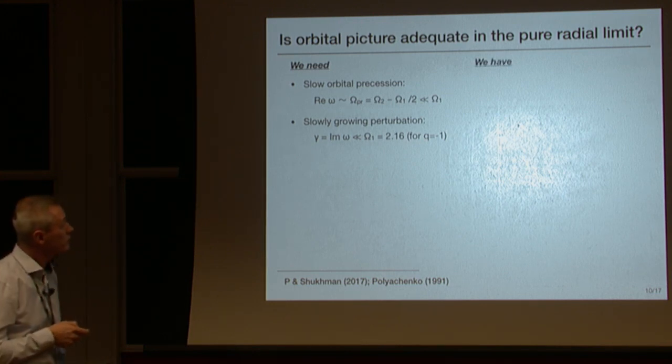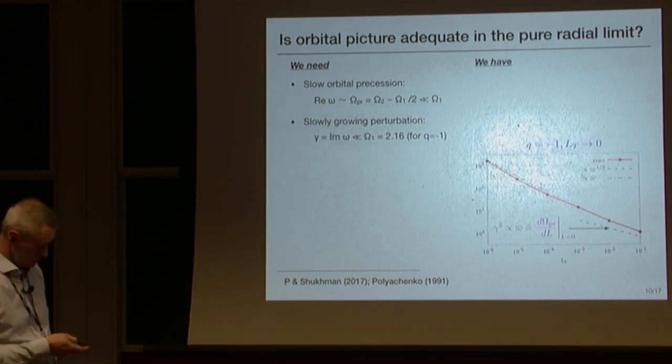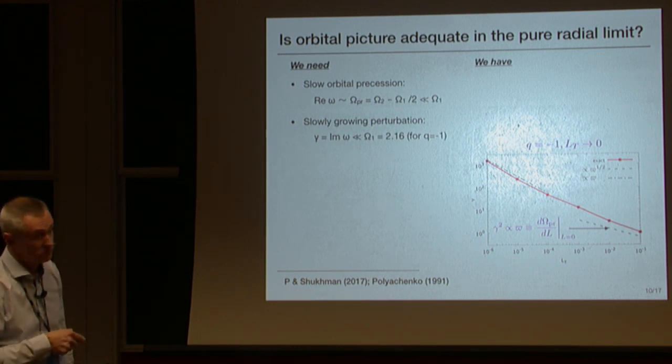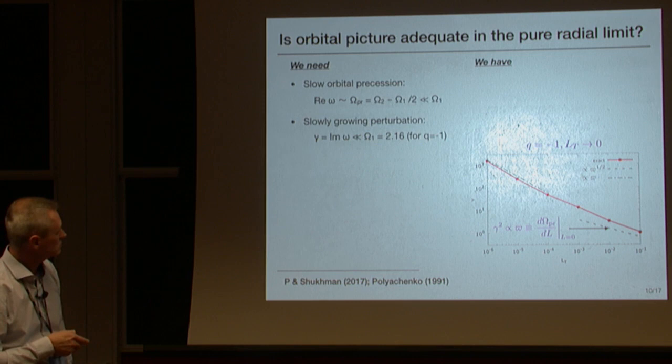And what we have from our theory, we see that when we go to the purely radial limit, LT goes to 0, growth rate goes to infinity. So the other way around.